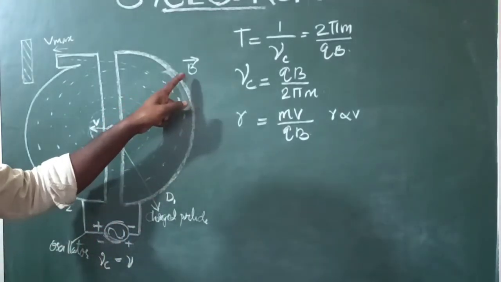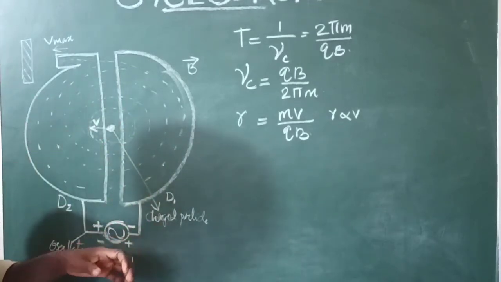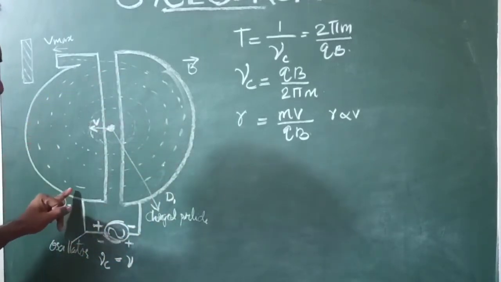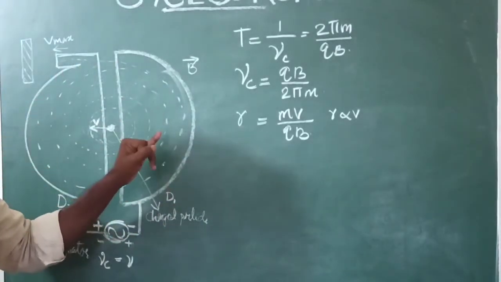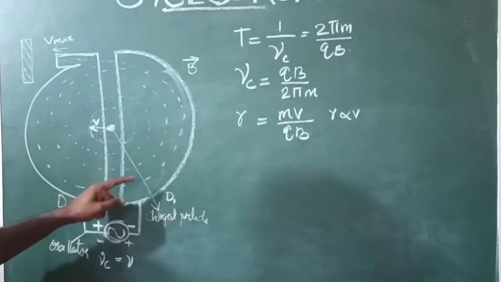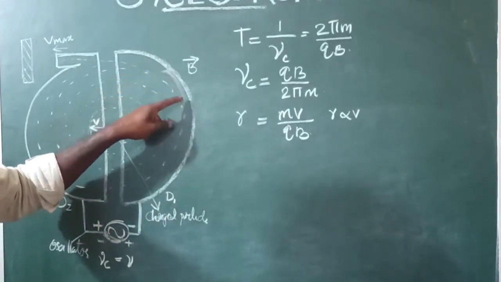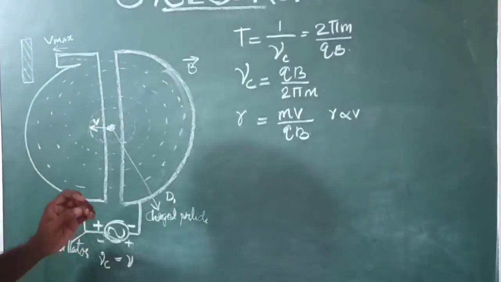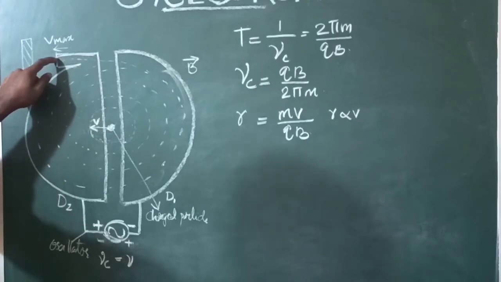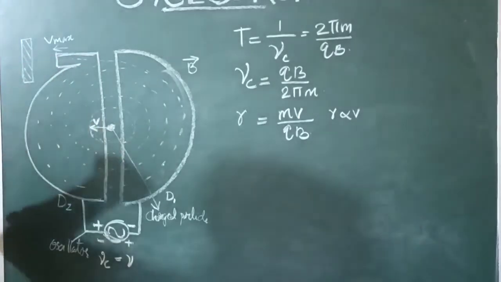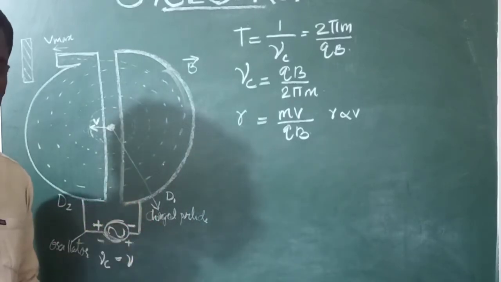The magnetic field also makes the particle move in a circular path, and the particle is repeatedly accelerated. When the particle attains a radius almost equal to the radius of the D, it can be taken out of this structure and used to hit a target. And this is how a cyclotron works.